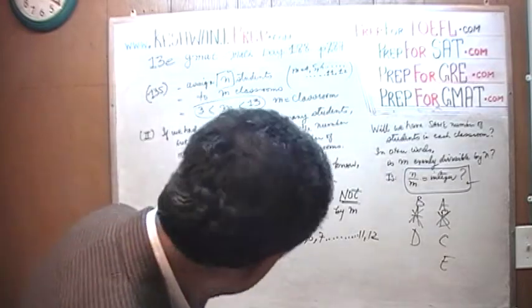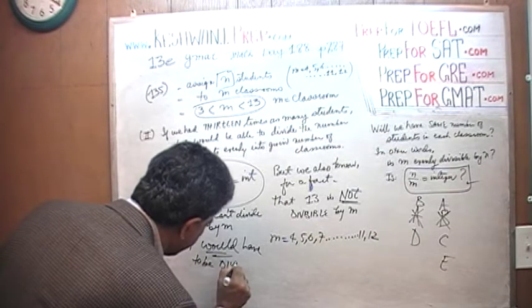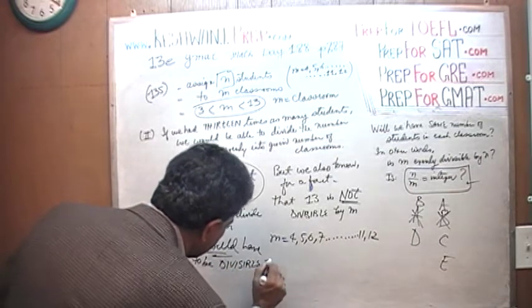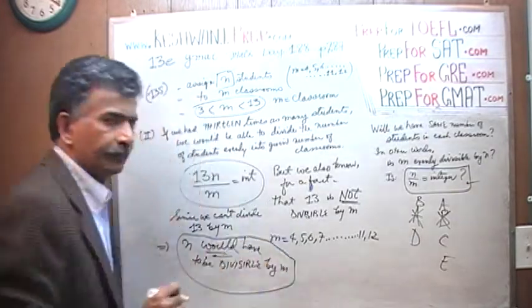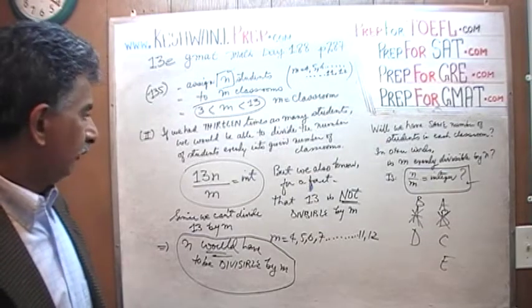I can't spell divisible. And that's all it is. That's the end of the logic. It's very simple, very straightforward.